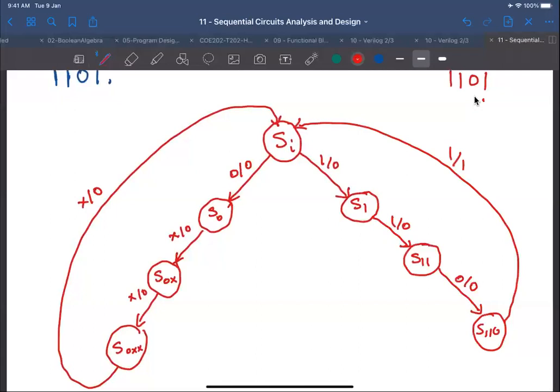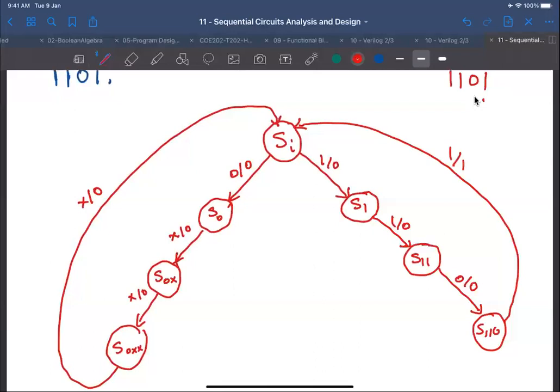Doctor, when we receive 0 at S1, why do we have to look for S0 and S0X? Because my code is 4-bit. I have to move 4 bits and look again. Yes, exactly. This is the difference between a code and a sequence.